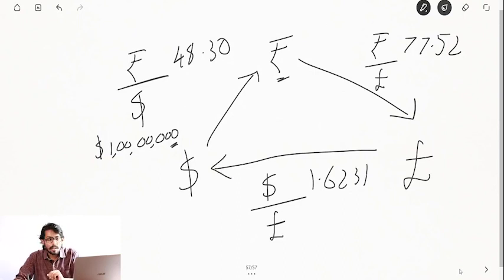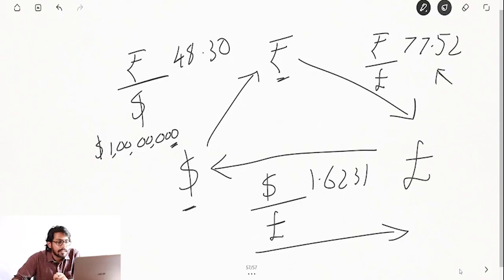Option 1. Or option 2, the other way around: you have dollars, convert that to pounds, convert the pounds to rupees and convert the rupees back to dollars. Try it both ways and see what happens.